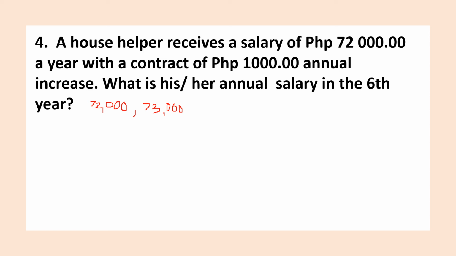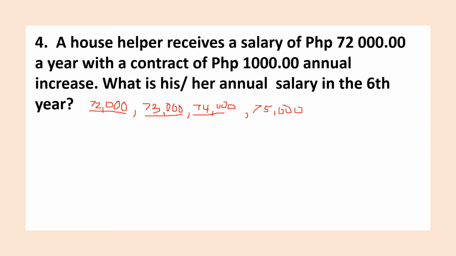Ang tinatanong, magkano na yung annual salary niya sa ika-6 na taon. So, pwede nating makuha yung sagot using the listing method. So, ilista na lang natin. First year is 72,000. Second year is 73,000. So, yung third year ay 74,000. Yung fourth year ay 75,000.